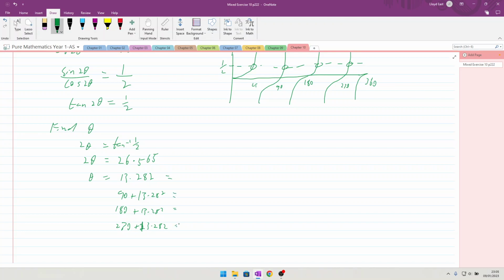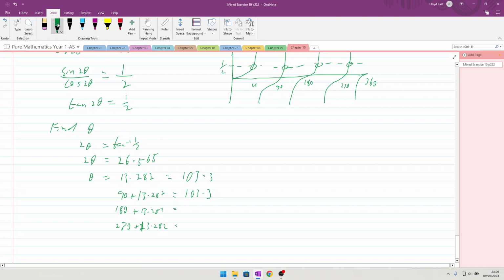Okay, so with that in mind, store that answer. 90 plus the 13, 103. What did they ask for? They asked for 1 decimal place. So 13.3 should be down here, 103.3.